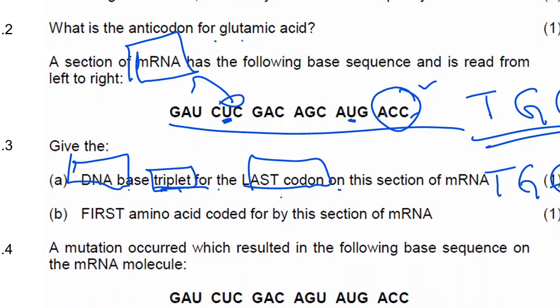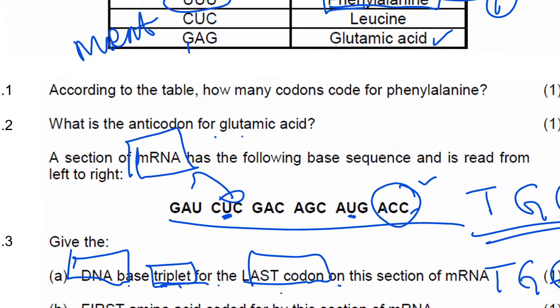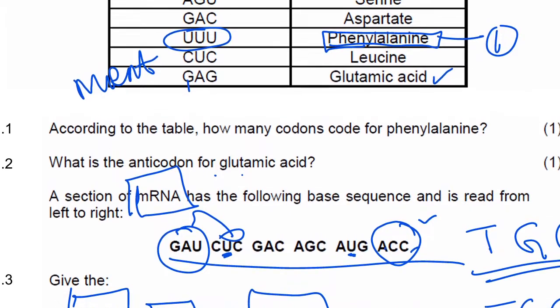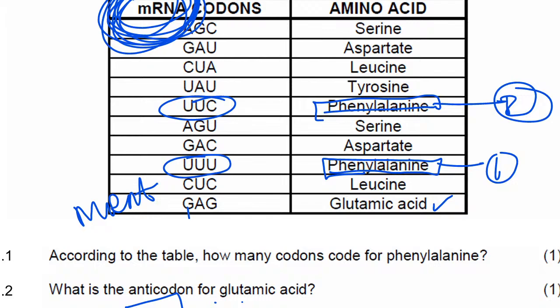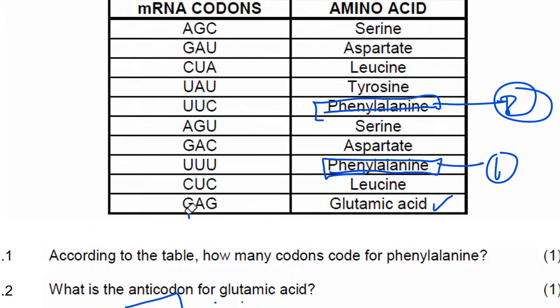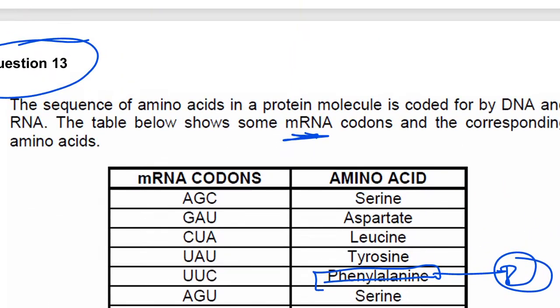We got the next one. The first amino acid coded for by this section of messenger RNA. The first amino acid, meaning that we are looking for this. Because this is messenger, we need to come back here and find out what is in the table.